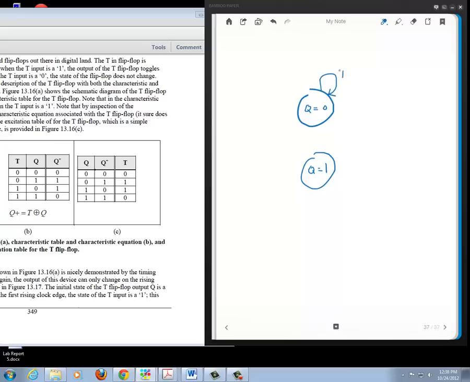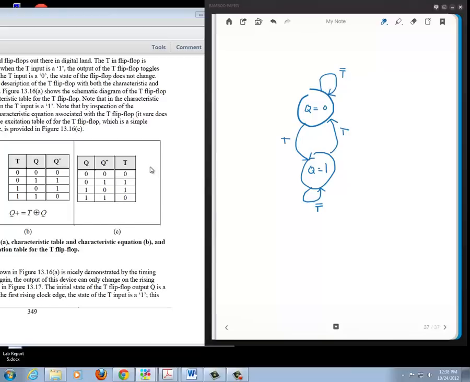T is going to be 0, so we're going to write T naught. If we're going to go from 0 to 1, that's going to cause us to need a T. If we're going to go from 1 to 0, we need a T. And if we're going to stay in Q equals 1, we're going to need T naught. So there is our state diagram for the T flip-flop, which can be easily drawn from looking at the excitation table.